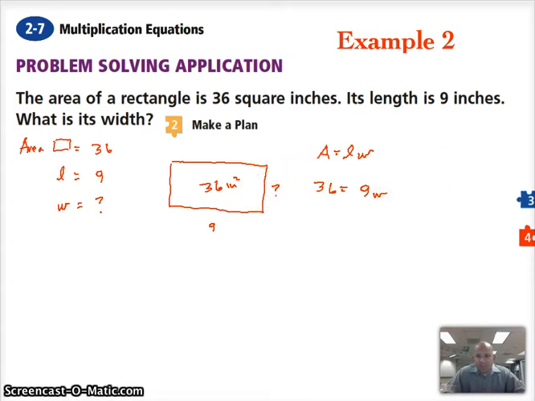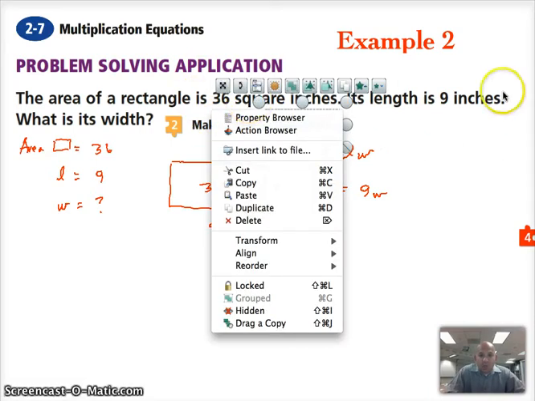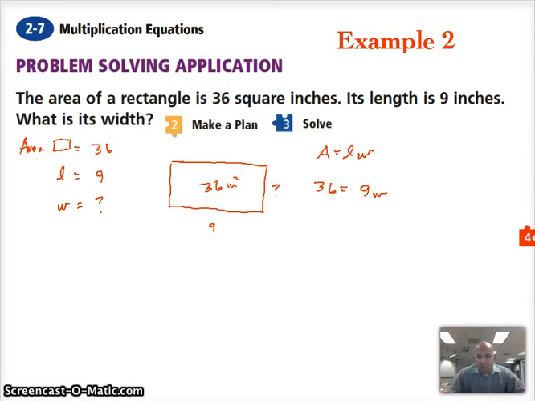Okay. Now, I'm going to go ahead and just simply solve this problem. The way we do that, of course, I'm going to draw that scale. How do we isolate the variable? Well, we've got to get rid of the times 9. How do we get rid of the times 9?